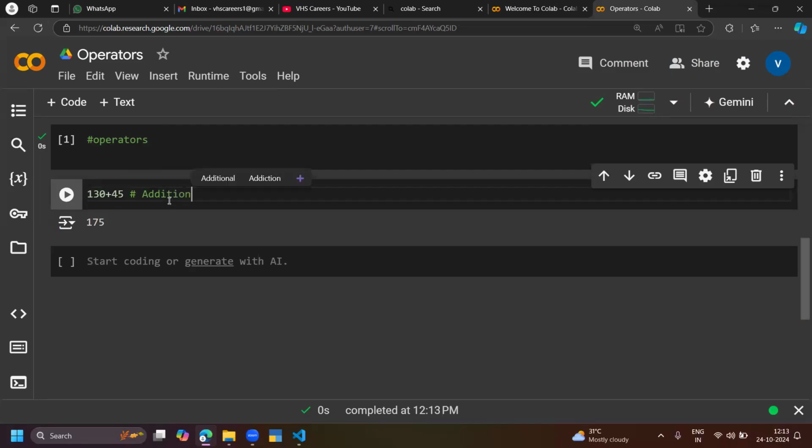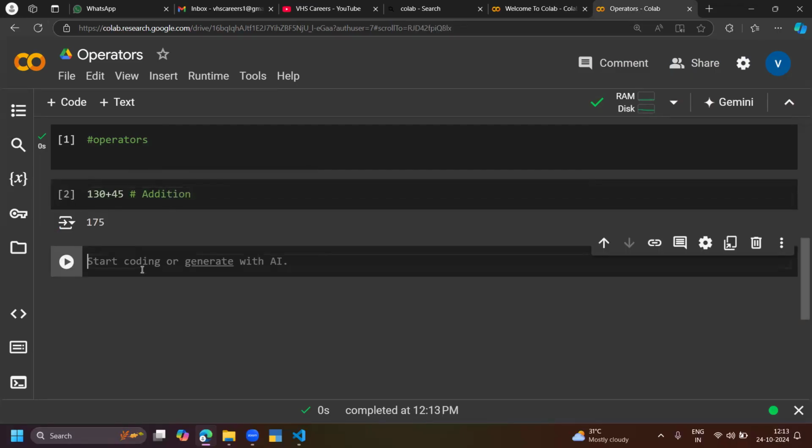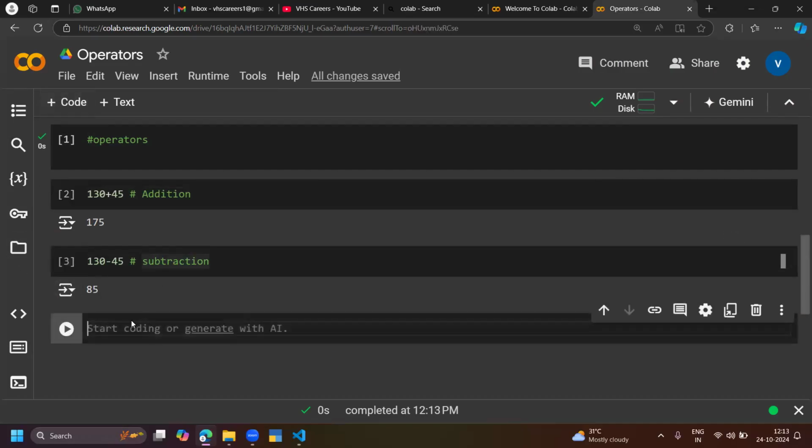This is the addition operator. And one more thing, I want to go with 130 minus 45. That is a subtraction. Subtraction is removing the 45 from the 130. And one more thing, I am taking the multiplication 130 into 34.